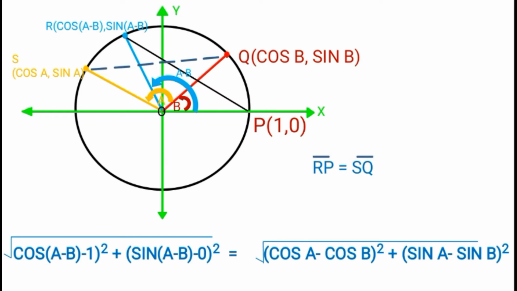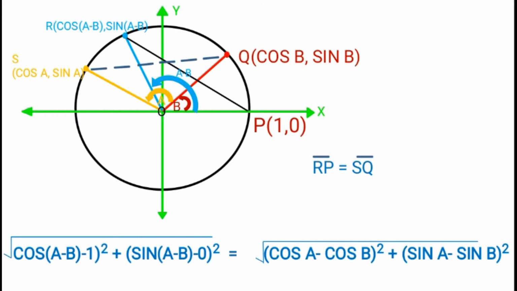So the distance RP looks like this, and the distance SQ looks like this. It is really confusing to look at, but it's really just the square root of (x2 minus x1) squared plus (y2 minus y1) squared, the distance formula from way back when.